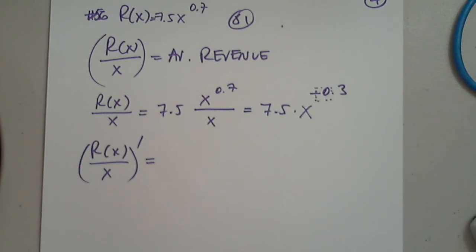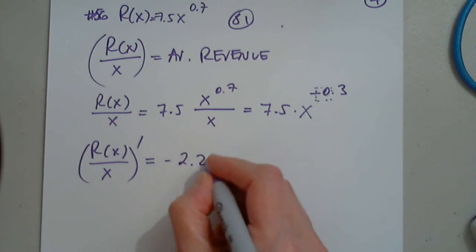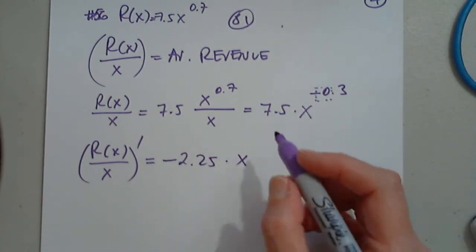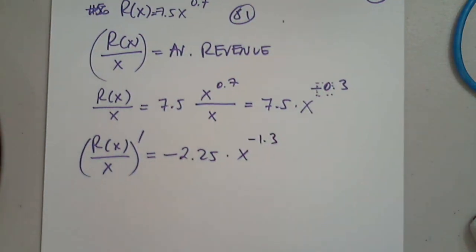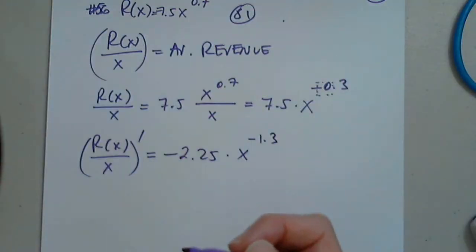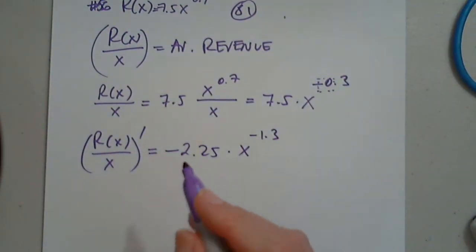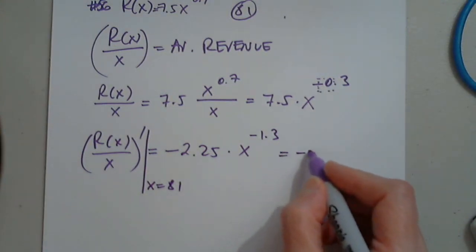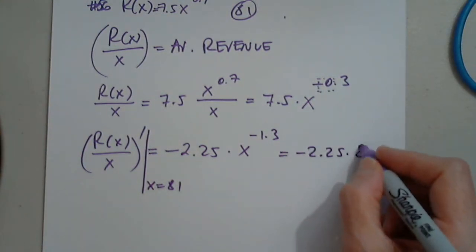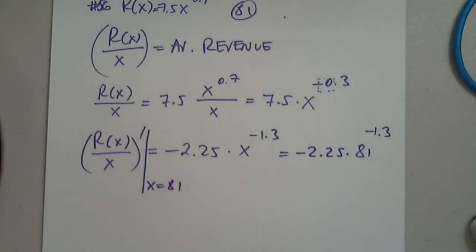Would it be negative 2.25 x to the power of negative 1.3? Awesome, brilliant. Thank you. And now they're asking us to plug in 81. Great job. So this function at 81, so I'm going to just write it like this. And it's negative 2.25 times 81 to negative 1.3. That's it.